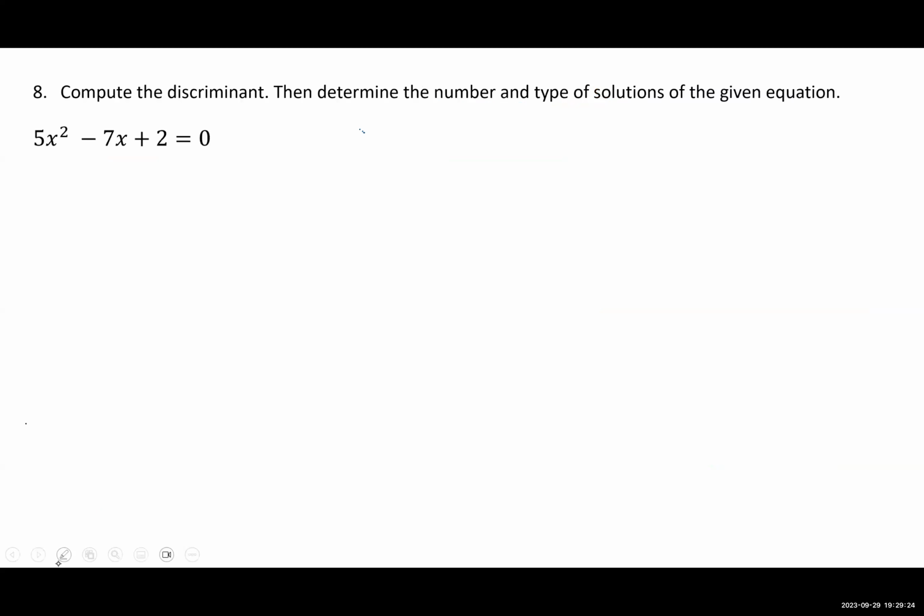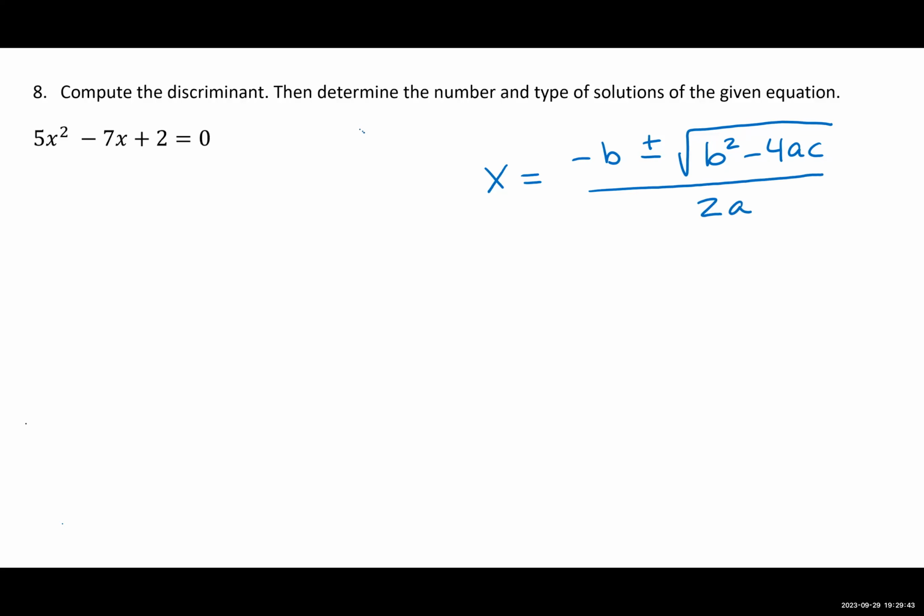So number 8, this is the last one. X is equal to negative b plus or minus the square root of b squared minus 4ac, all divided by 2a. I'm going to highlight the part under the square root. There's a special name for this, right?